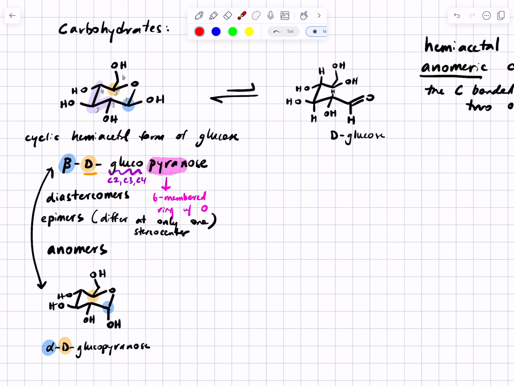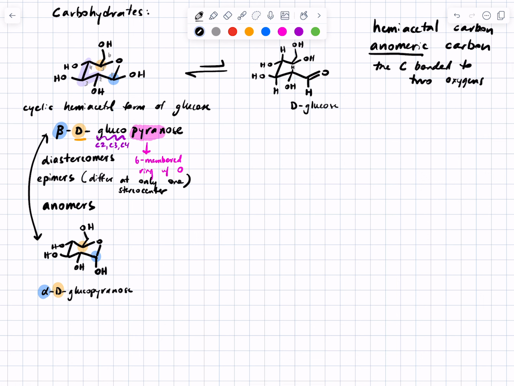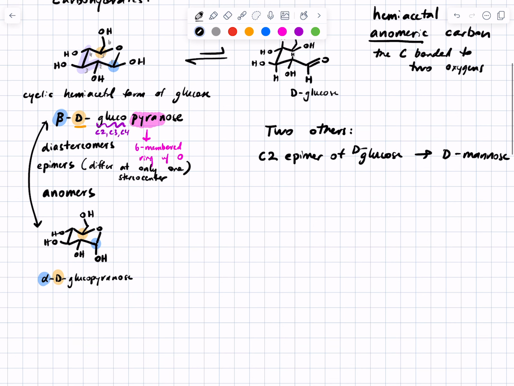There are two other carbohydrates whose structures I want you to know, and they are epimers of glucose. The first is what I will call the C2 epimer of D-glucose. It's D-mannose. I'm going to draw it here in its cyclic hemiacetal form, and its name is beta-D-mannopyranose.